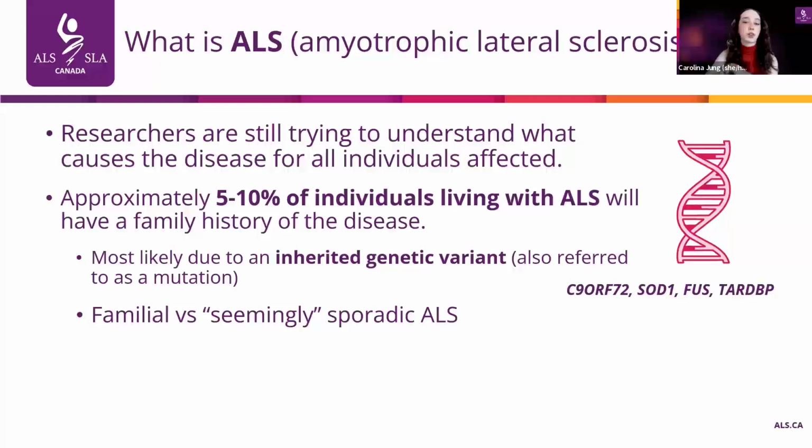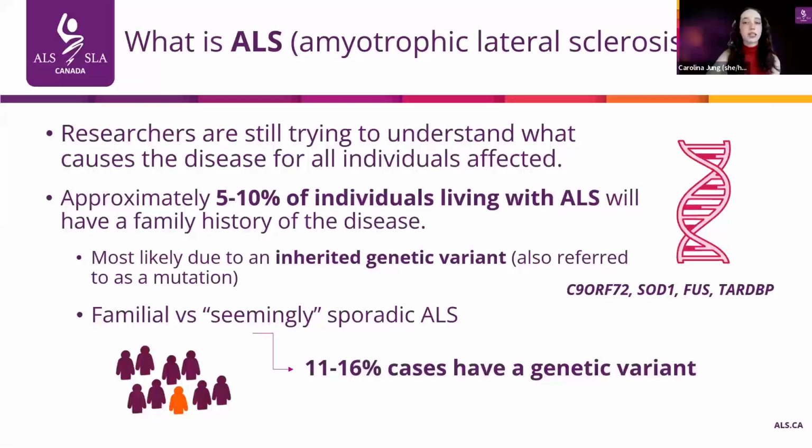You might have also heard the terms familial versus sporadic ALS. So sporadic ALS is meant to refer to an individual that doesn't have a family history of the disease. And that might give the impression that it's an isolated case in the family, in the population, and they don't have a genetic component. However, some experts in the field are actually trying to move away from the term sporadic because for some cases, they have a genetic variant as well.